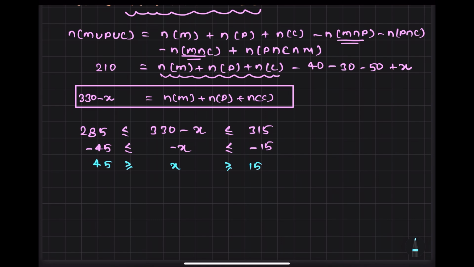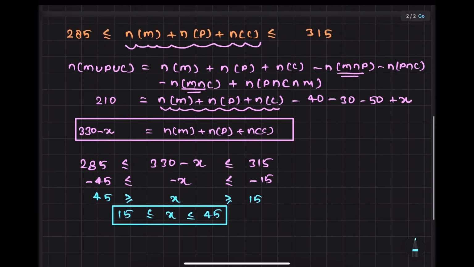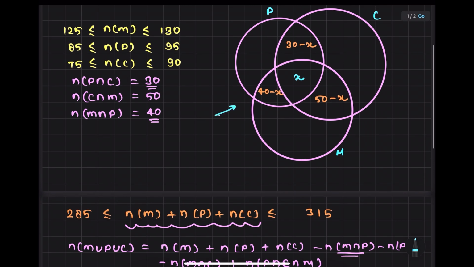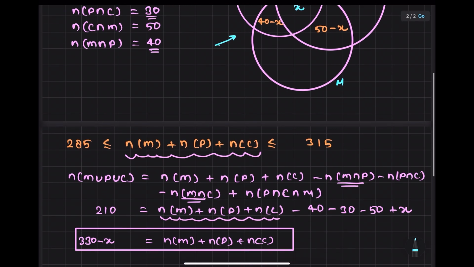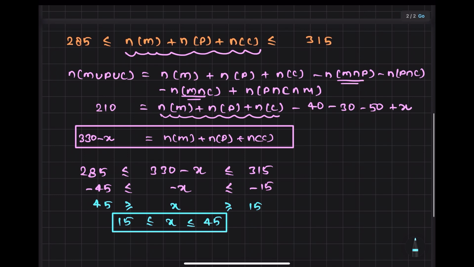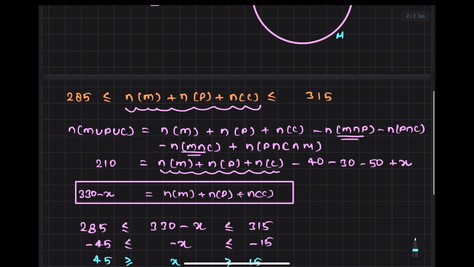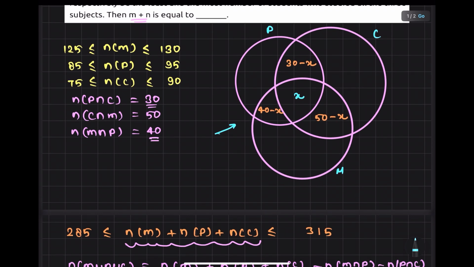So you can write x is between 15 and 45. But you cannot say the minimum value is 15 and the maximum value is 45 without verifying. If you take x as 45, this thing and this thing will be negative.